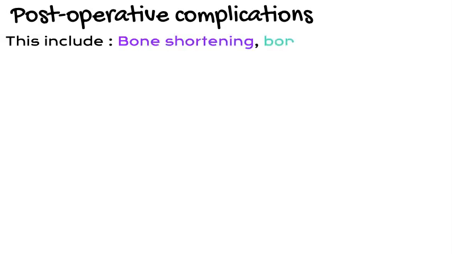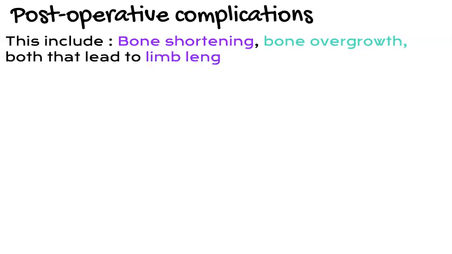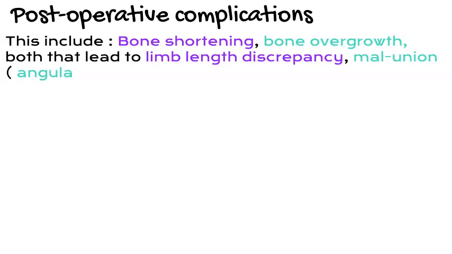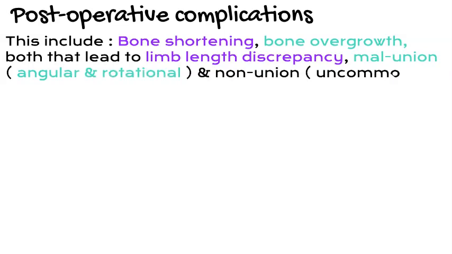Post-operative complications include bone shortening and bone overgrowth, both of which lead to limb length discrepancy, malunion due to angular and rotational deformity, and non-union, but it is uncommon in children.